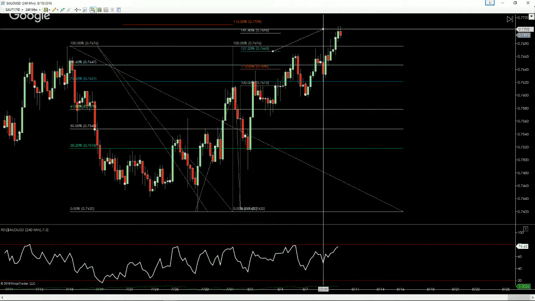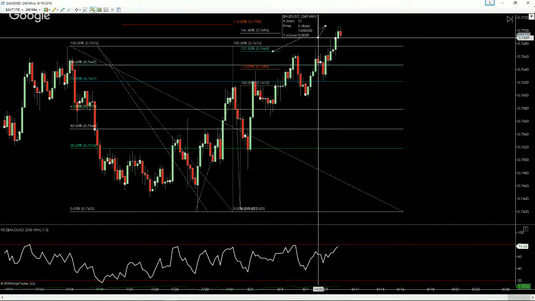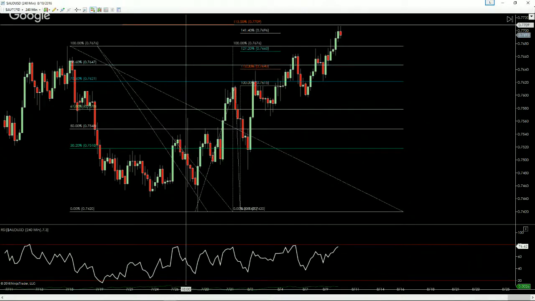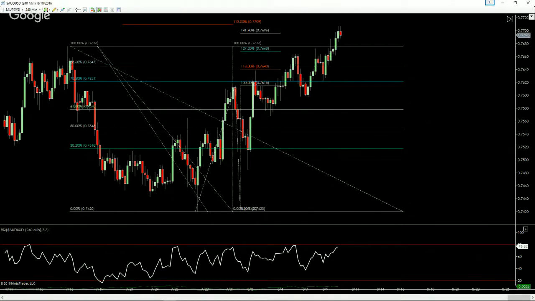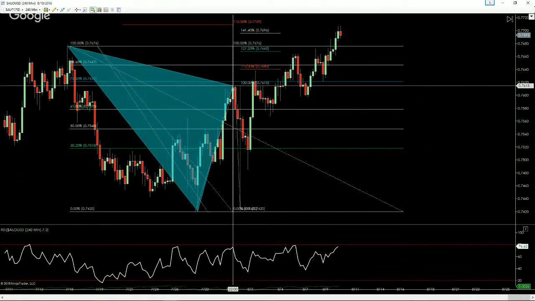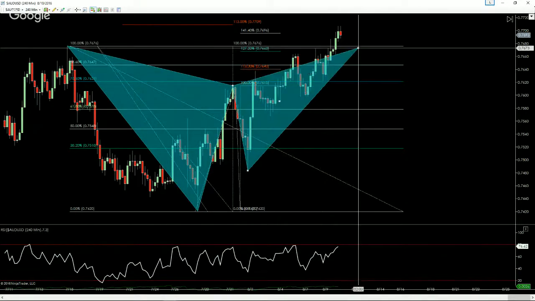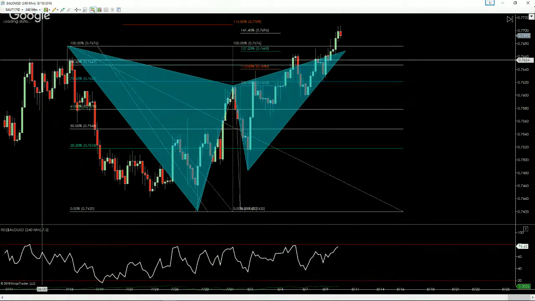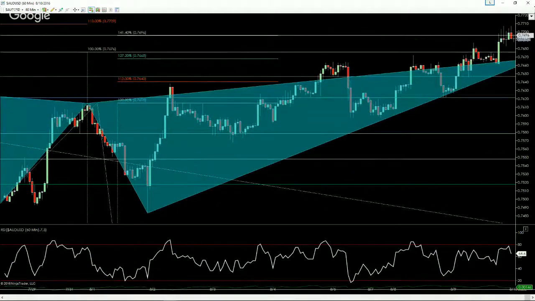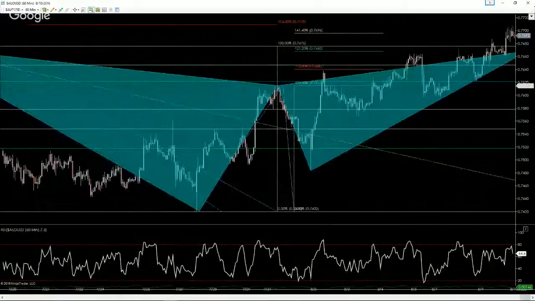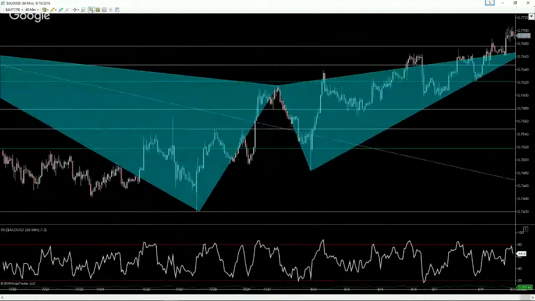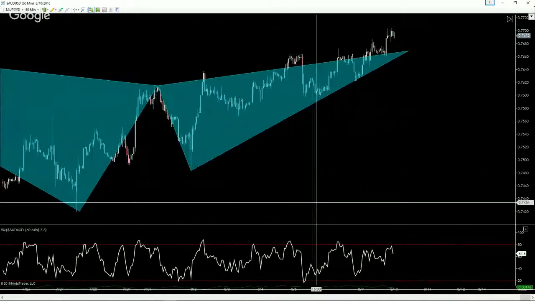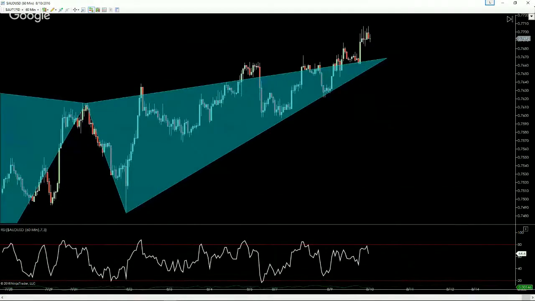It did go against you about 39 pips, but still has not hit the stop. And to remind you of how that looks, it looks like this. All right, going to 60. Nothing there.